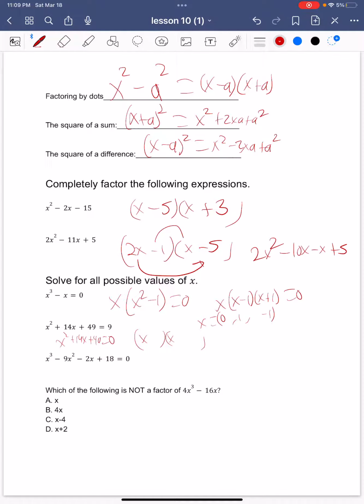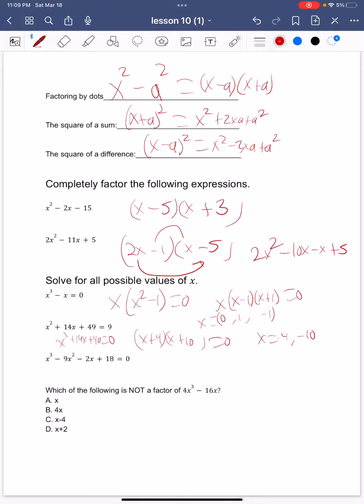And if we look at it long enough, we're going to get 4 and 10, equals 0. That means x equals negative 4 or negative 10.